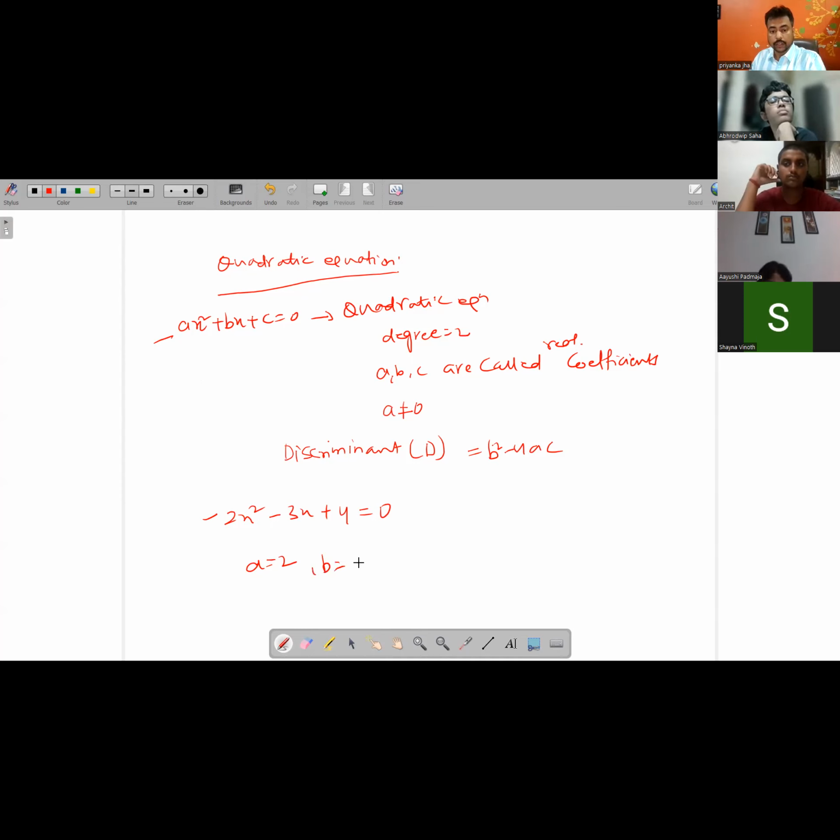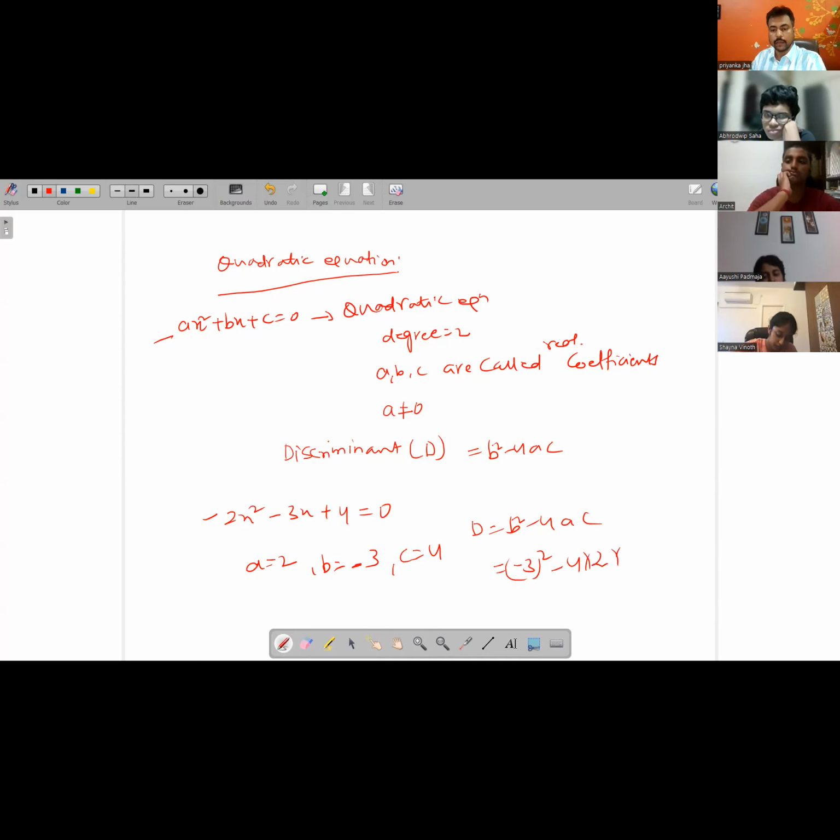With sign you have to take, so b is minus 3, and c is 4. Then D equals b square minus 4ac, so minus 3 whole square minus 4 times a times c. Whatever value you get is the value of the discriminant, correct?